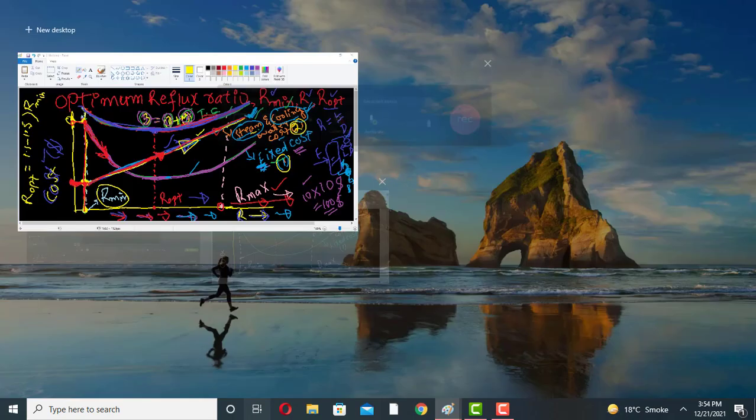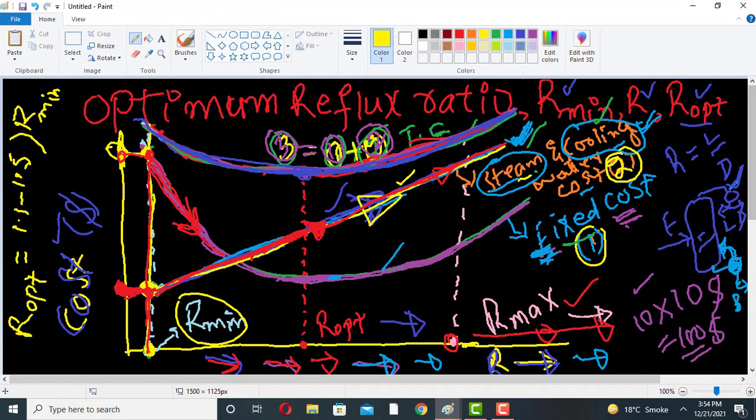So the optimum reflux ratio can be equal to 1.1 times the minimum reflux ratio.